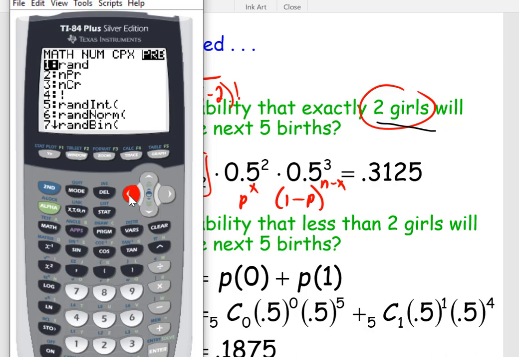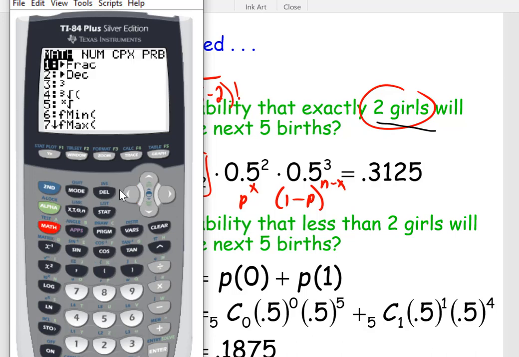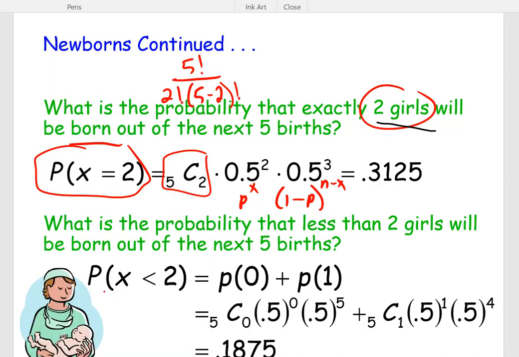This factorial is option 4 there. That calculates the 5 factorial. Now I have to divide by 2 factorial. Then I also have to divide by 5 minus 2, which was 3 factorial. Giving us 10. So 5 choose 2 here. This 5C2 is 10.